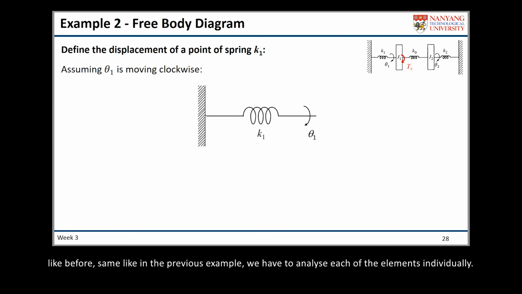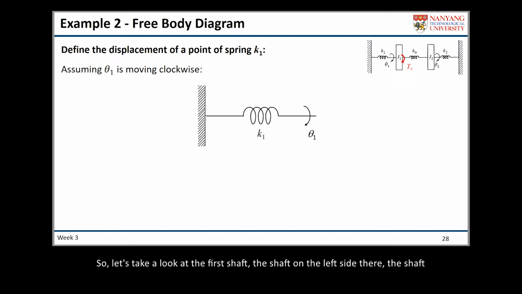Same like in the previous example, we have to analyze each of the elements individually. So let's take a look at the first shaft, the shaft in the left side there, the shaft K1.